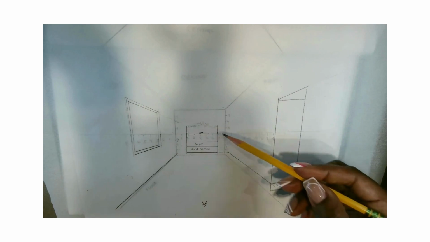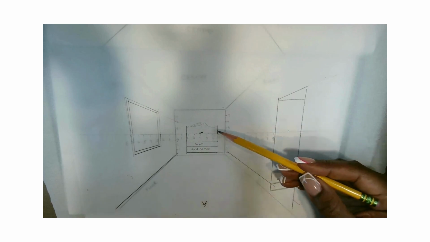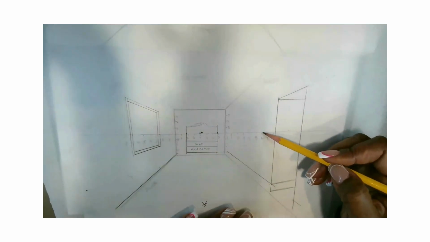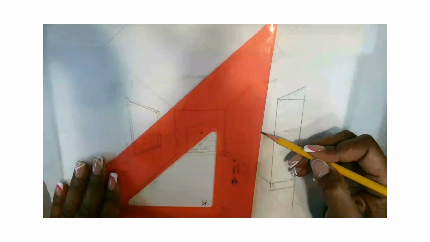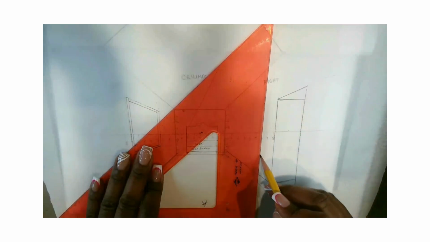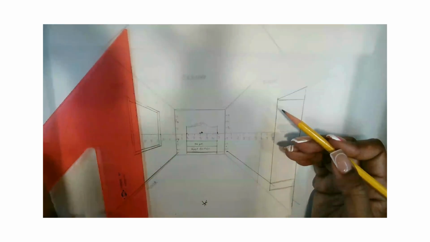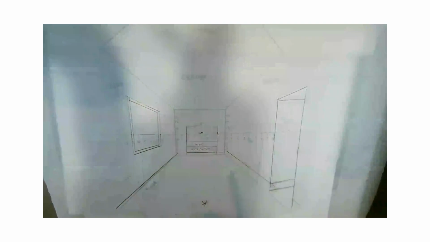From here, we can now begin to put this in perspective. We're going to say that our bed is 6 feet off of the back wall. So we're going to measure from the corner and count over to 6 feet. When we get to that 6-foot mark on our scale, I'm going to lightly draft a line down to the floor on both sides, so I know this is how far the bed comes out into the room.